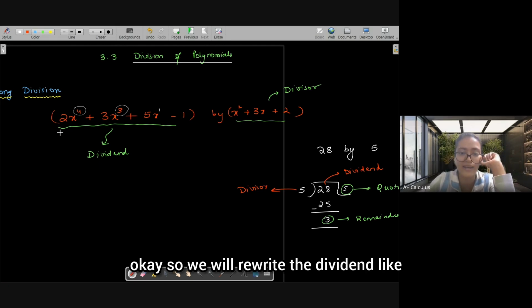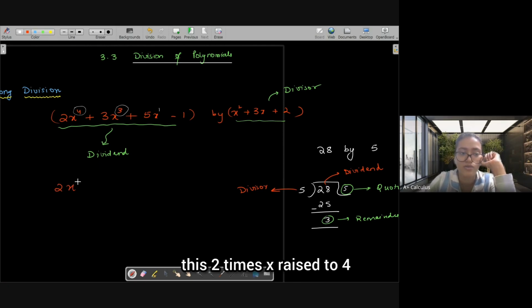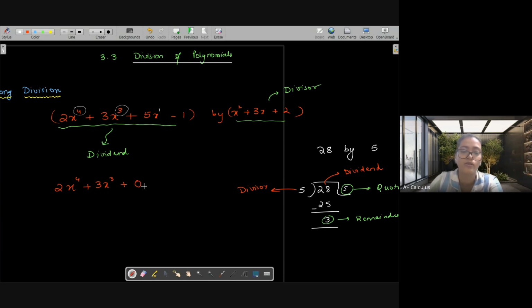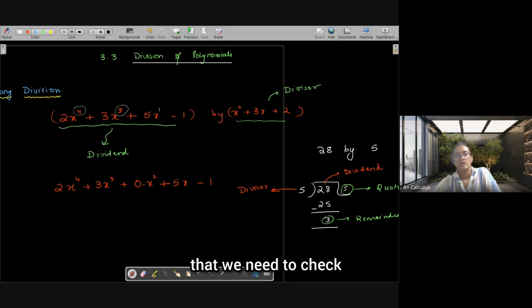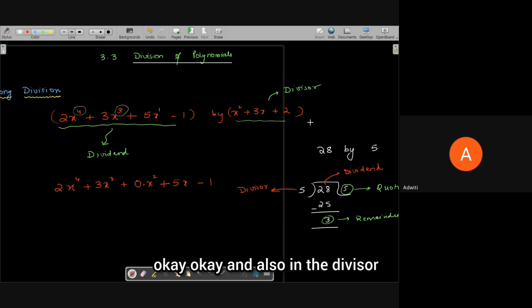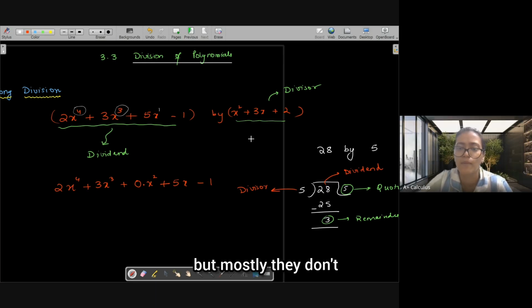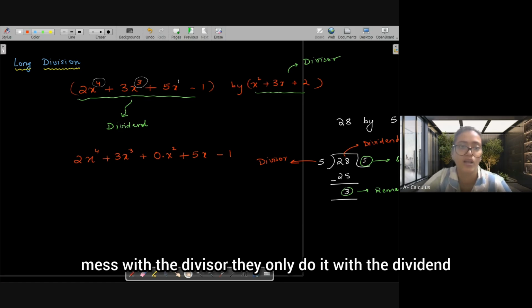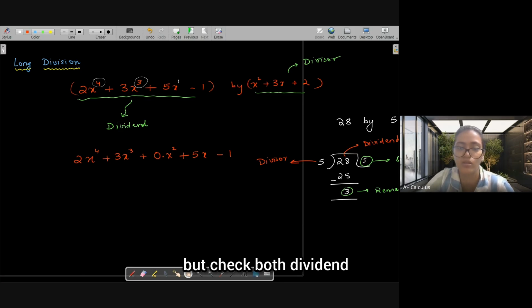So we will rewrite the dividend like this: 2 times x raised to 4 plus 3 times x cubed, and since the x squared term is missing, we write 0 times x squared, and then 5x minus 1. This is the first step that we need to check. Also check the divisor, but mostly they don't mess with the divisor. They only do it with the dividend.